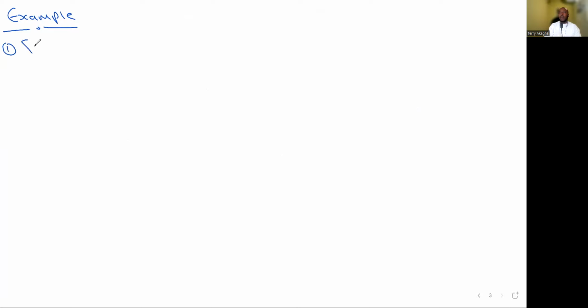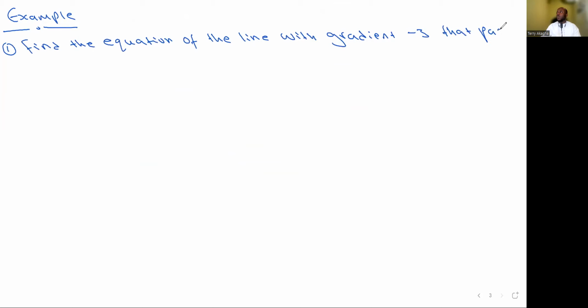Number one, it says find the equation of the line with gradient minus 3 that passes through the point 4 and minus 5.